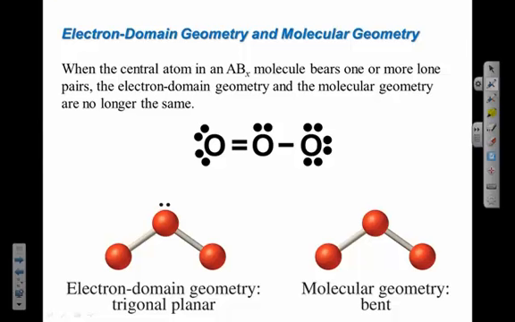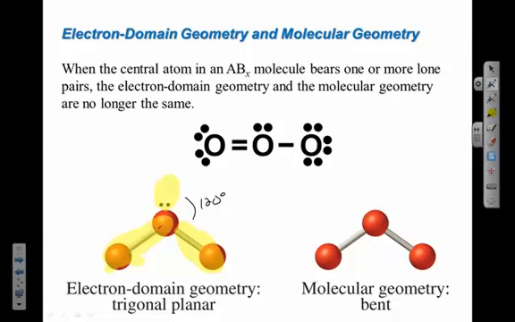When I have 3 electron domains, the space that those occupy as they repel one another, they're going to be spread out at about 120 degree angles, and that will be in the plane. That's the geometry I get when I have 3 groups repelling around the central atom. So again, that's a trigonal planar electron domain geometry.